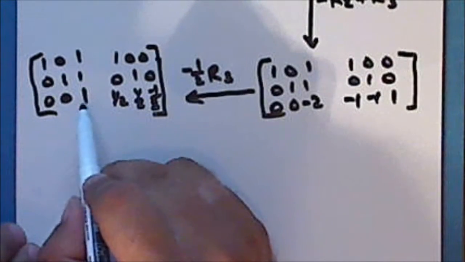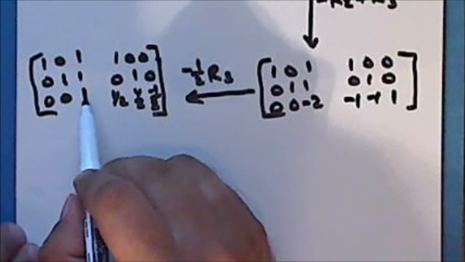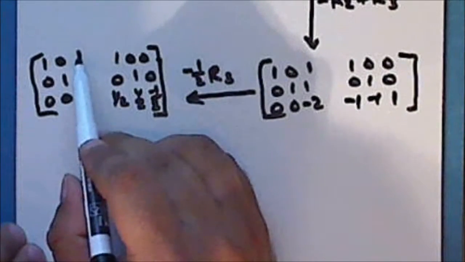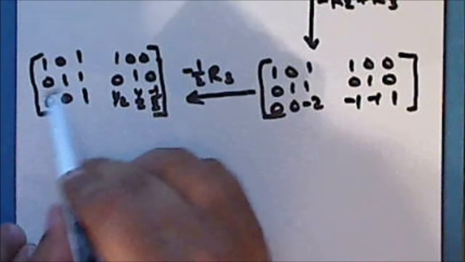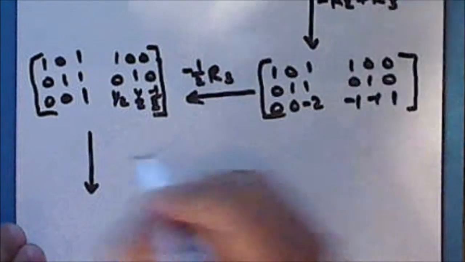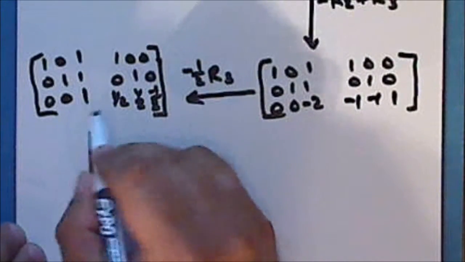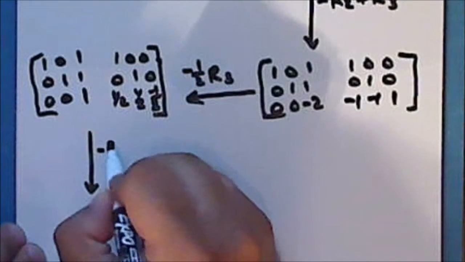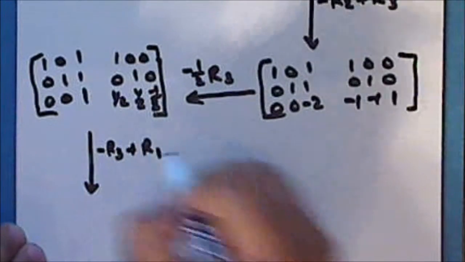Now in row 3, we have a leading 1, and so we need to eliminate the 1 in row 1 and also the 1 in row 2. And so we will multiply row 3 by negative 1 and add this to row 1.